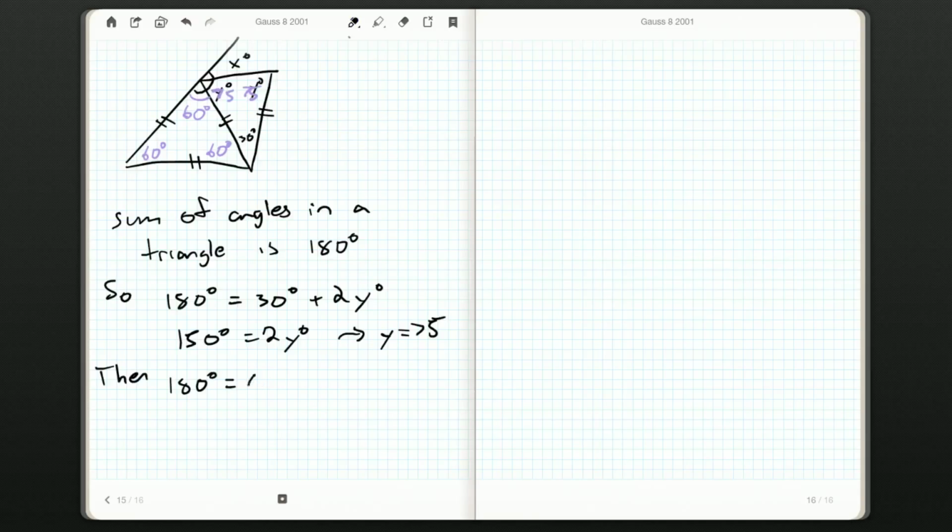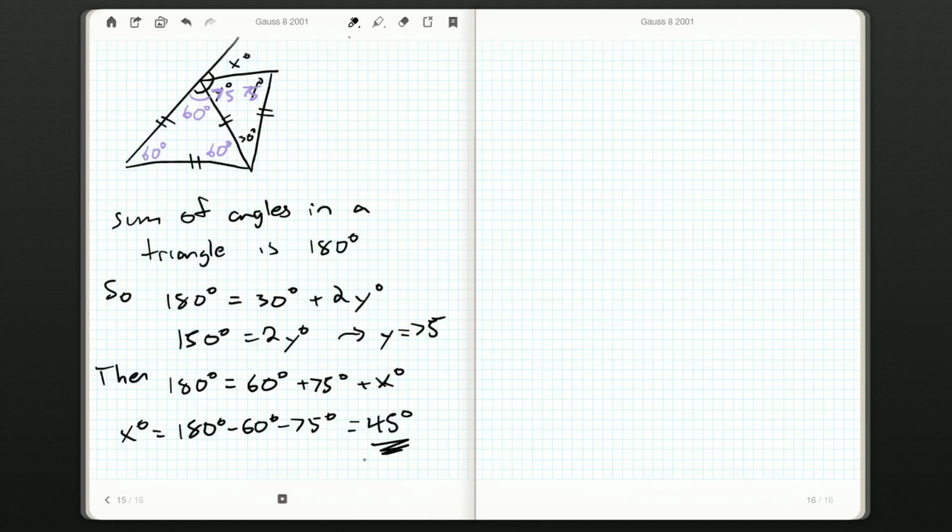So that 180 is the same as the 60 plus the 75 plus the x degrees. So x is 180 minus 60, which is 120, minus 75. So that's 50 minus 5 degrees, so that should be 45 degrees.